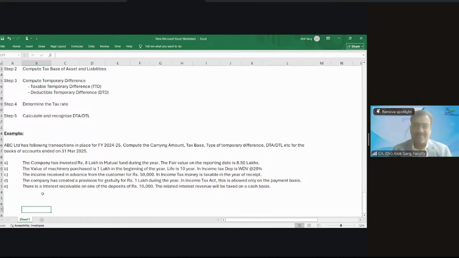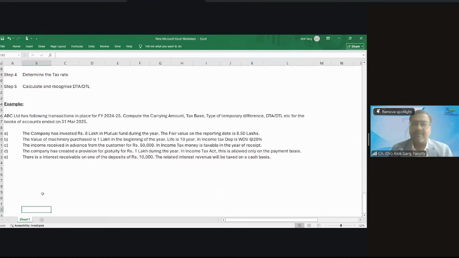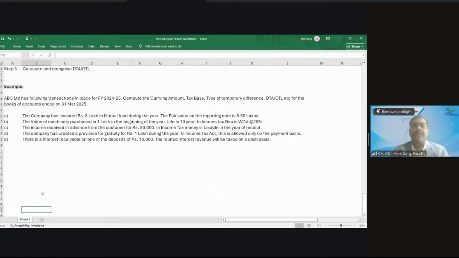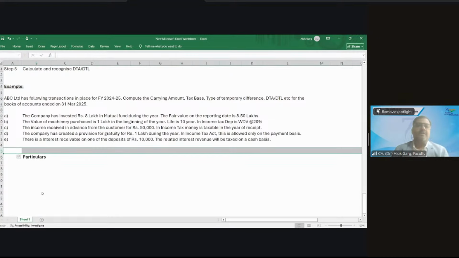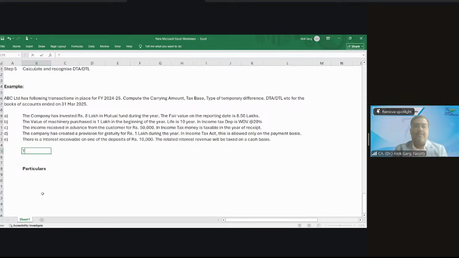So friends, this is the example, right? Now we need to compute the particulars. Then, one more thing. The tax rate is 30%.